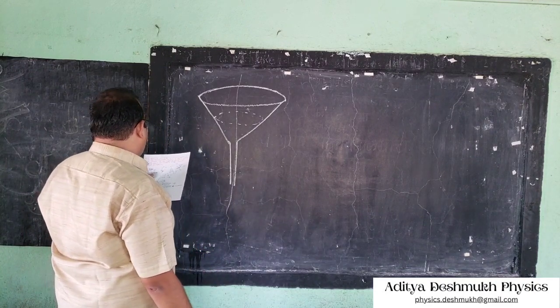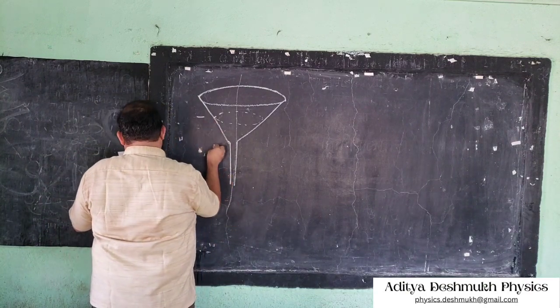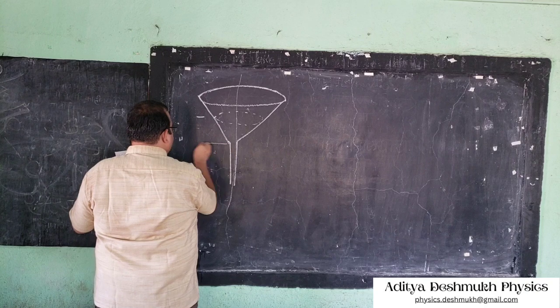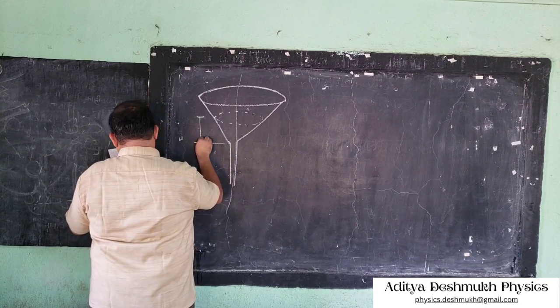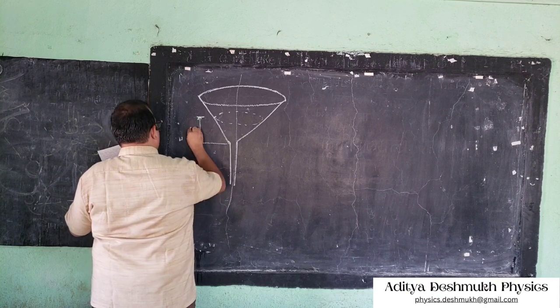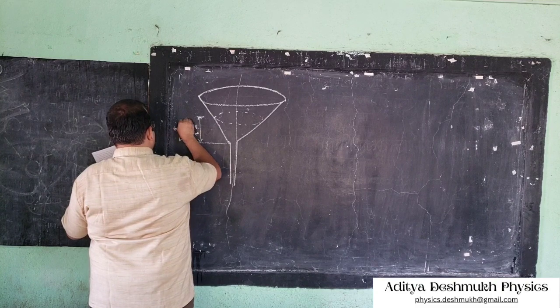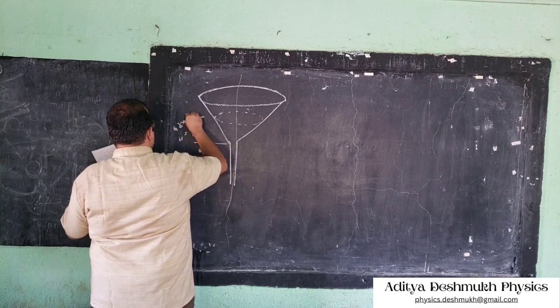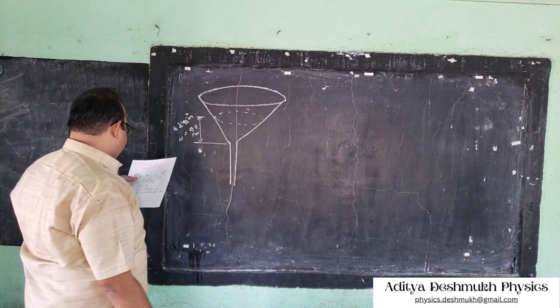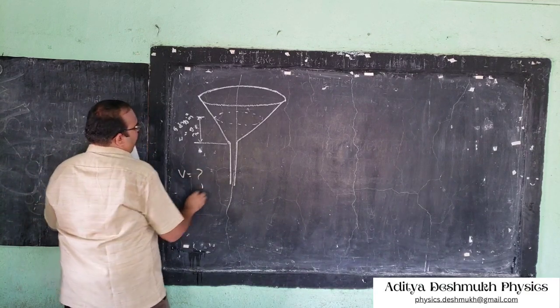If the height of the plane of the circle above the vertex is 9.8 centimeter, which will be equal to 9.8 into 10 raised to minus 2 meters, I have been asked to find the velocity of that particle.